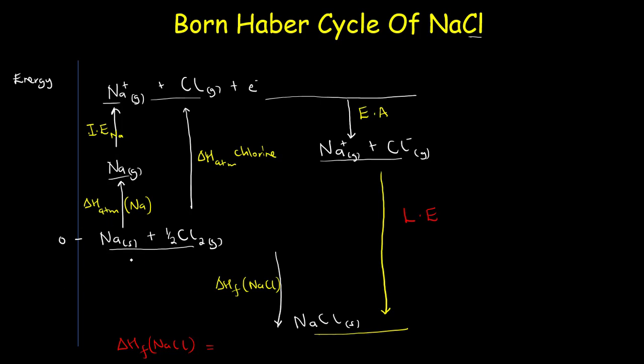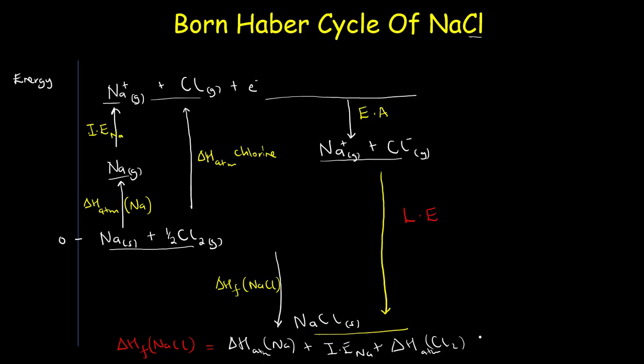It will be equal to the enthalpy of atomization of our sodium plus the ionization energy of sodium, this one here, plus the enthalpy of atomization of chlorine. Let us put a 2.